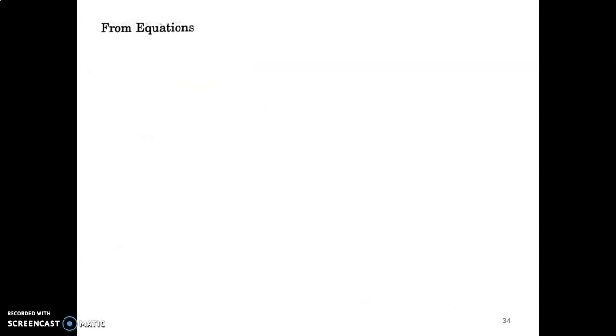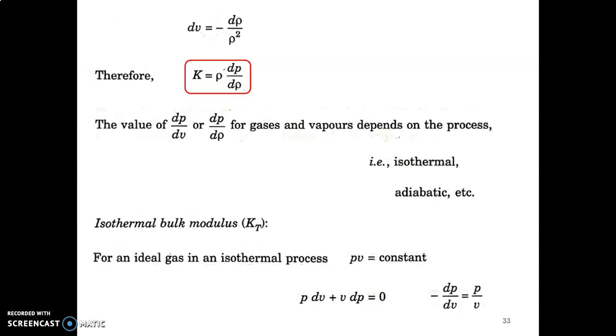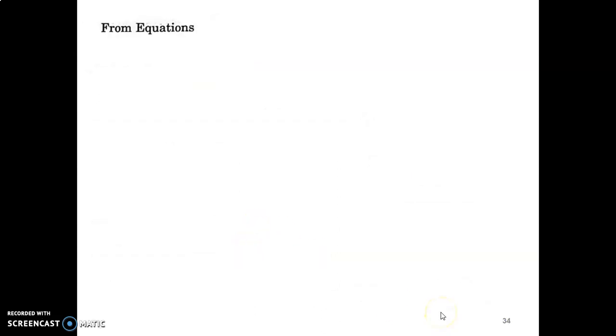Now from the equations we know that minus V into dP by dV is K, which we have previously derived in the previous slide. If we take this V to the left hand side, it will be minus V into dP by dV, which is equal to K. That means K is equal to P, and this K is in the case of an isothermal process, so we give a suffix T for that K. Therefore KT will be equal to P in the case of an isothermal process.